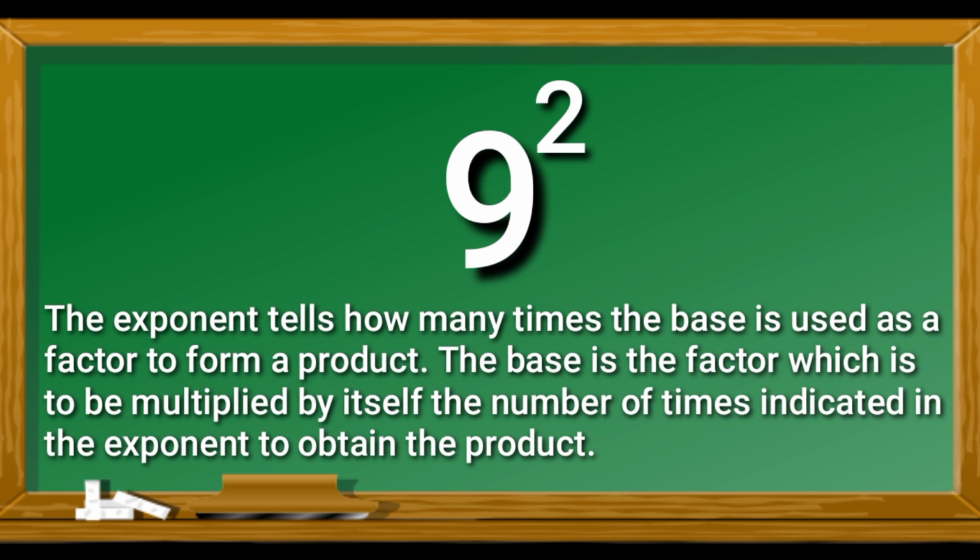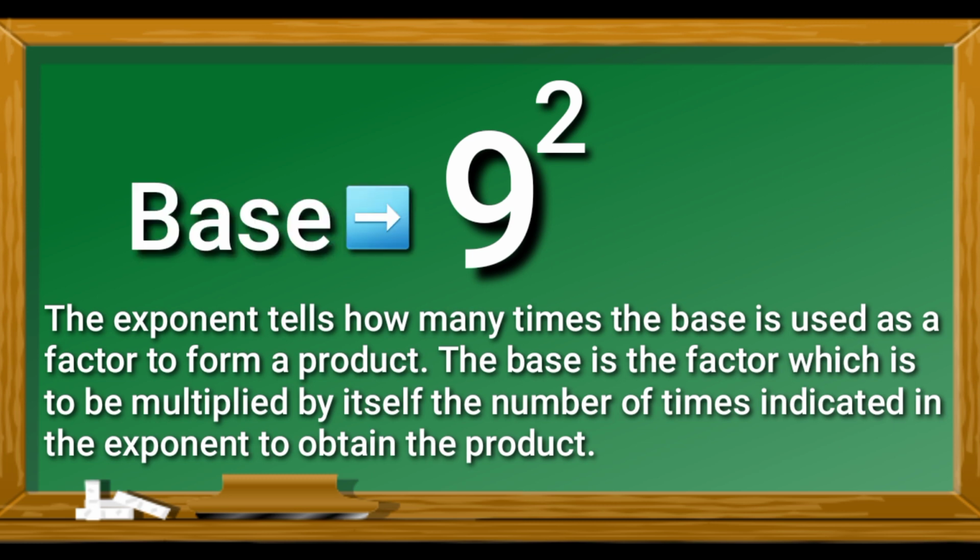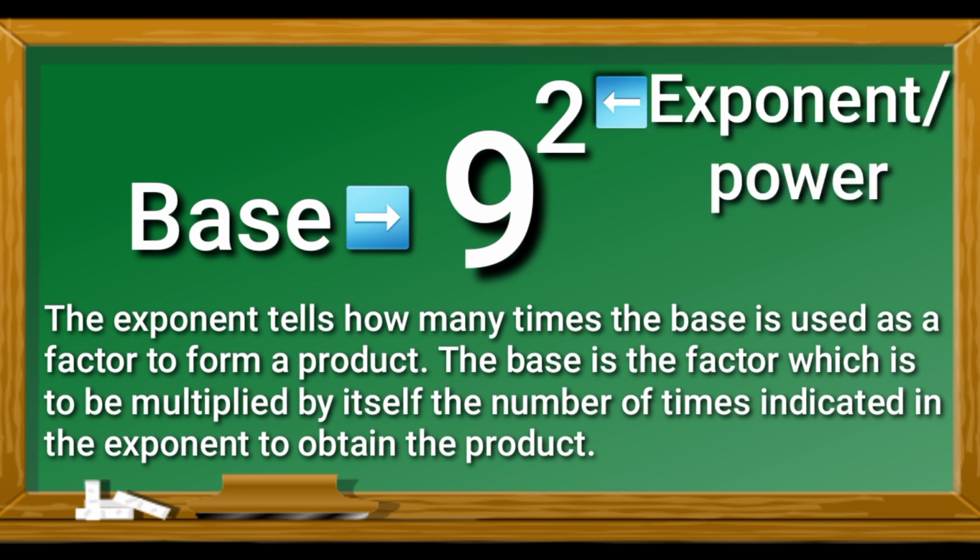The base is the factor which is to be multiplied by itself the number of times indicated in the exponent to obtain the product. Again, 9 is the base and 2 is the exponent. 9 is the subscript and 2 is the superscript.